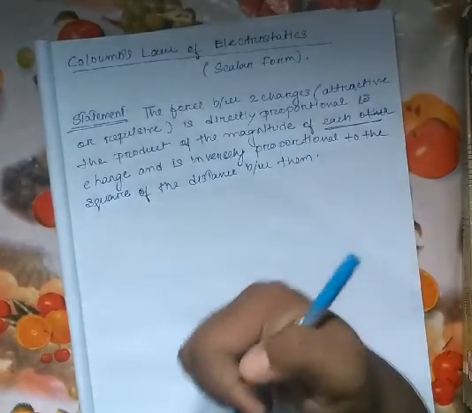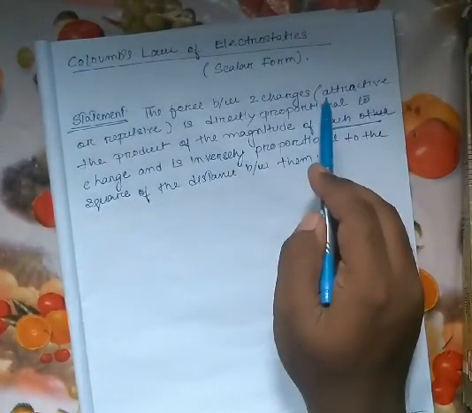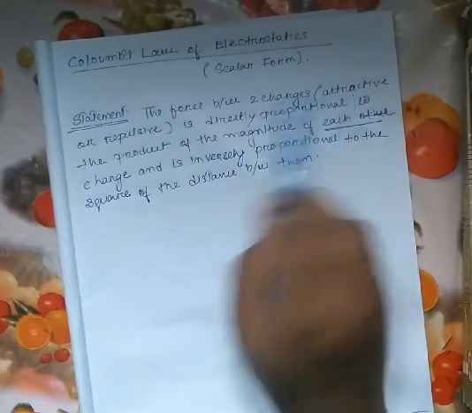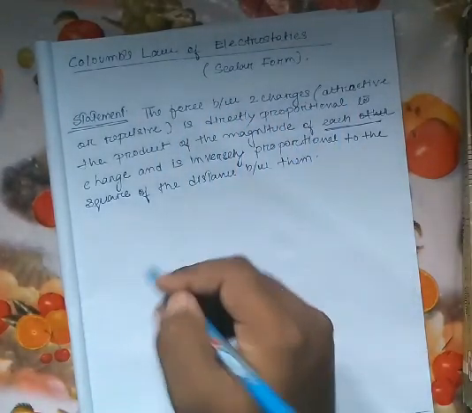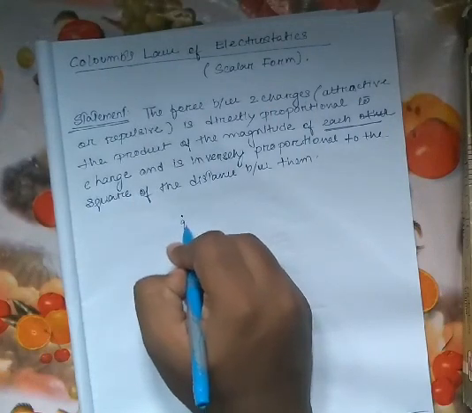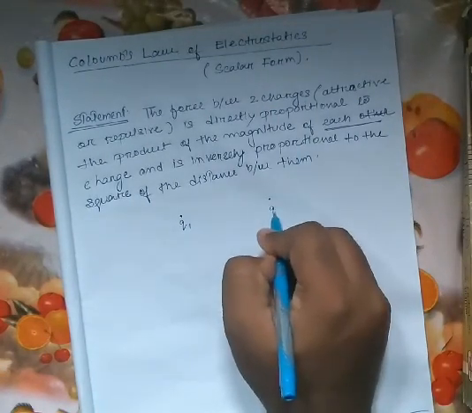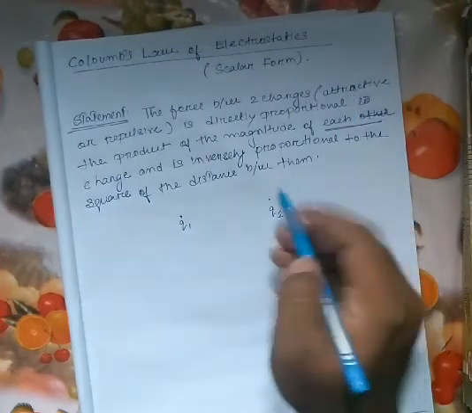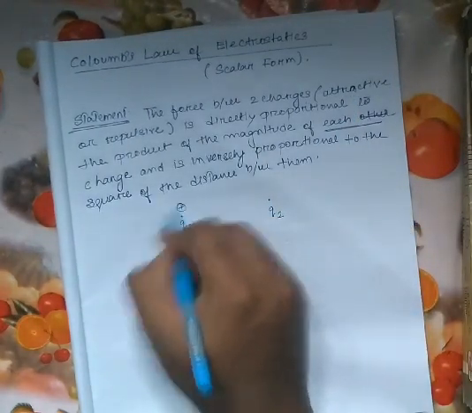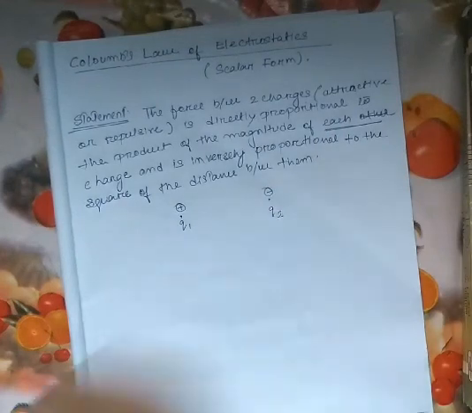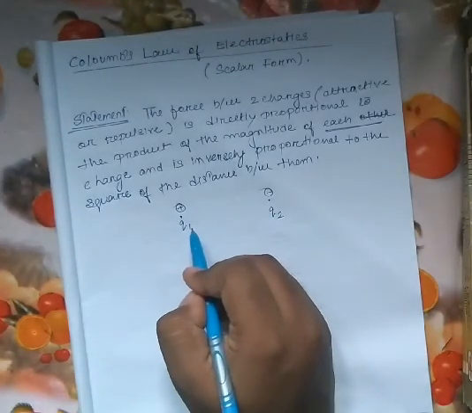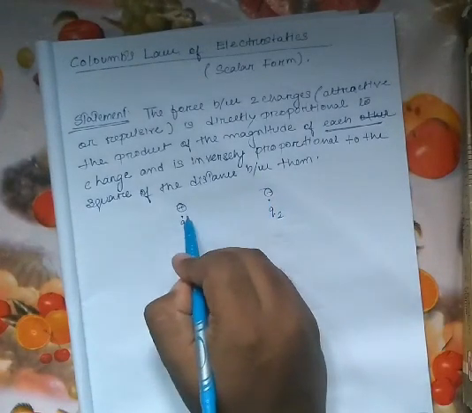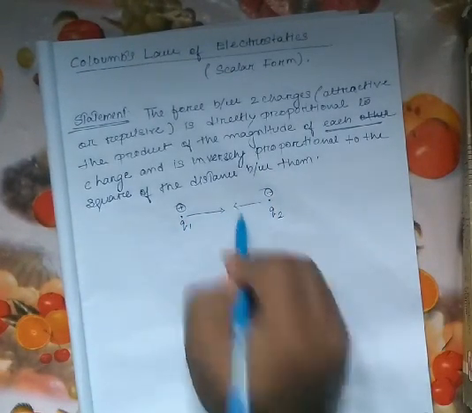So now let us understand the statement. The force between two charges is attractive or repulsive. Attractive in the sense, if we consider two point charges, they should be of opposite character. If Q1 is positive and Q2 is negative, we always know that if they are opposite, they will attract each other.